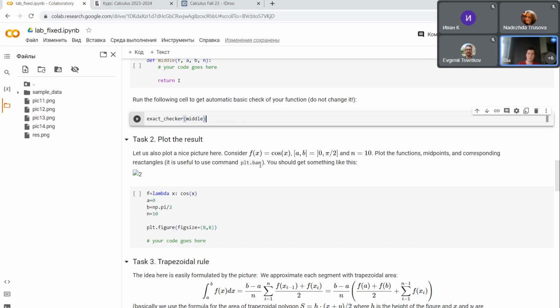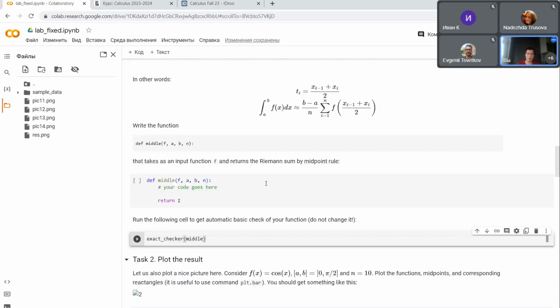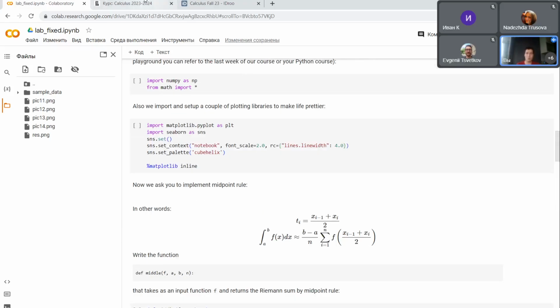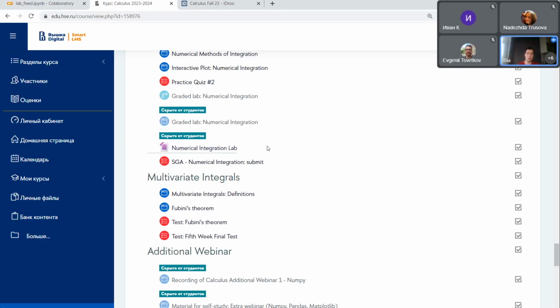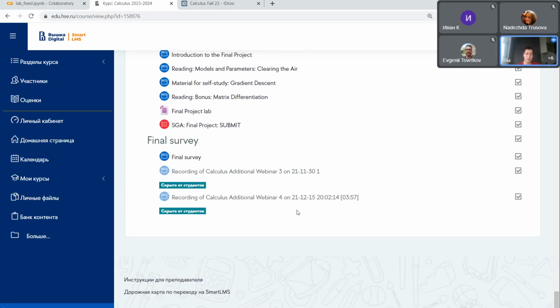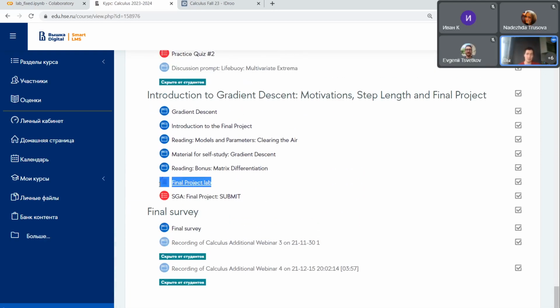At least you have the possibility to manage which pictures you need. So right now you have this new lab, with a deadline of 19th June. The same story with the Final Project Lab.